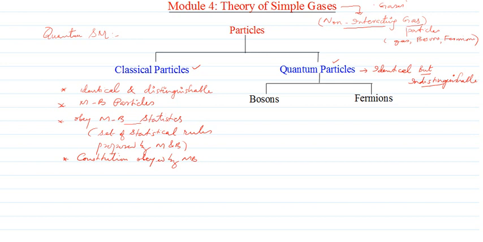The classical particles being considered distinguishable was actually an oversimplification of the real fact. The example for a classical system is molecules in a gas. Even the molecules in a gas cannot be distinguished from one particle to the other.